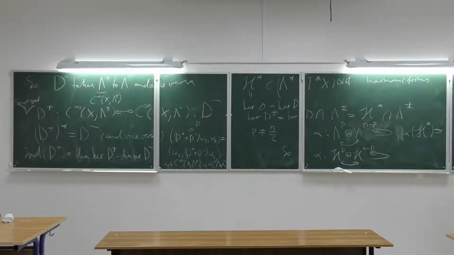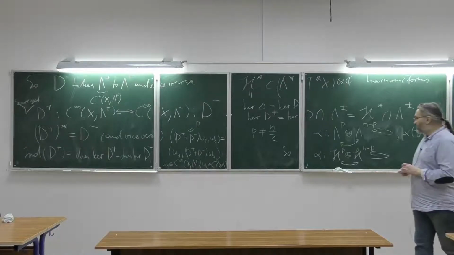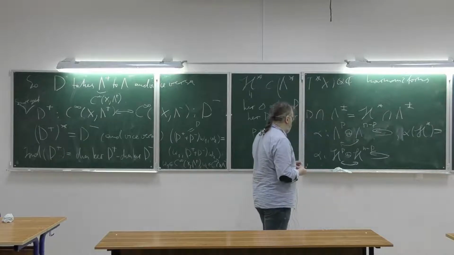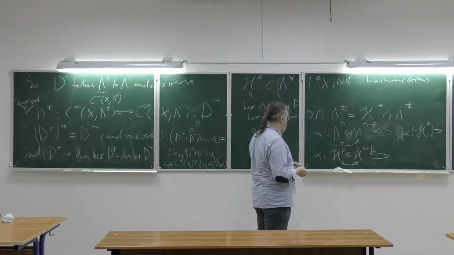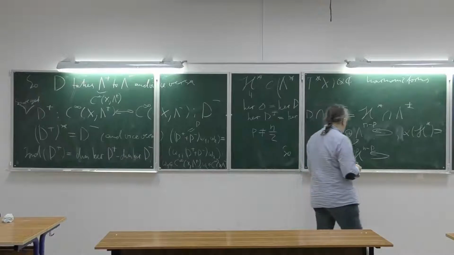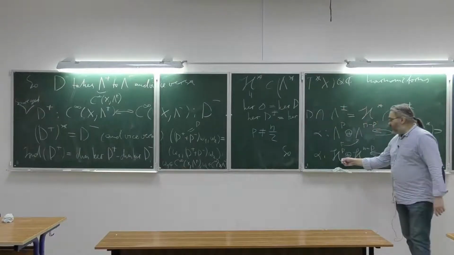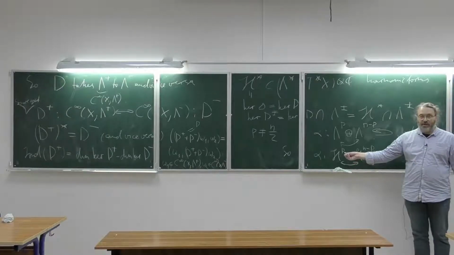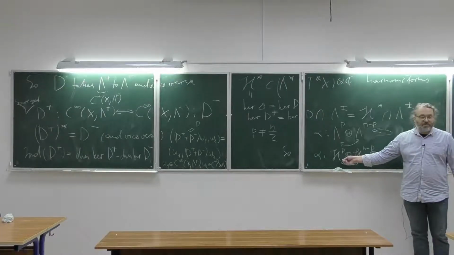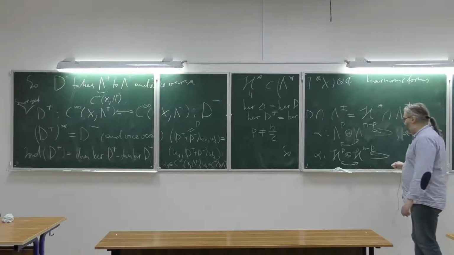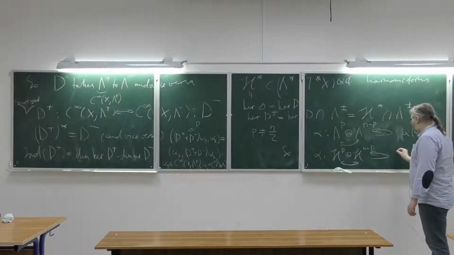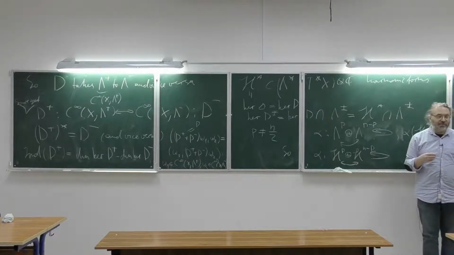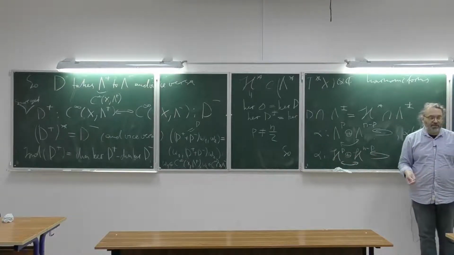Okay, now my claim is the plus 1 eigenspace of this map. So, this map squares to 1. There are two eigenvalues, plus 1 and minus 1.